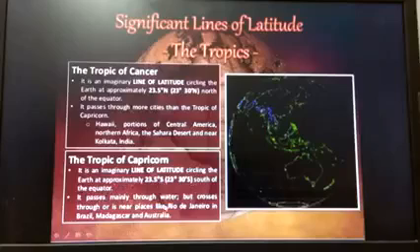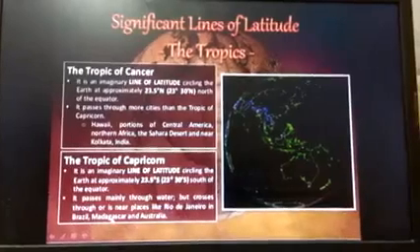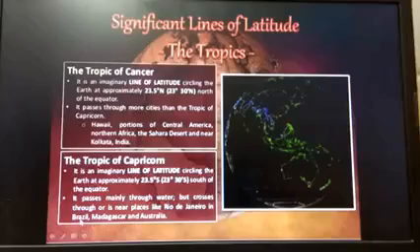It mainly passes through water but crosses many places like Rio de Janeiro, Brazil, Madagascar, and Australia. I already told you that Belo Horizonte in Brazil is at 20 degrees south, near the Tropic of Capricorn. Australia is divided into North Australia and South Australia.